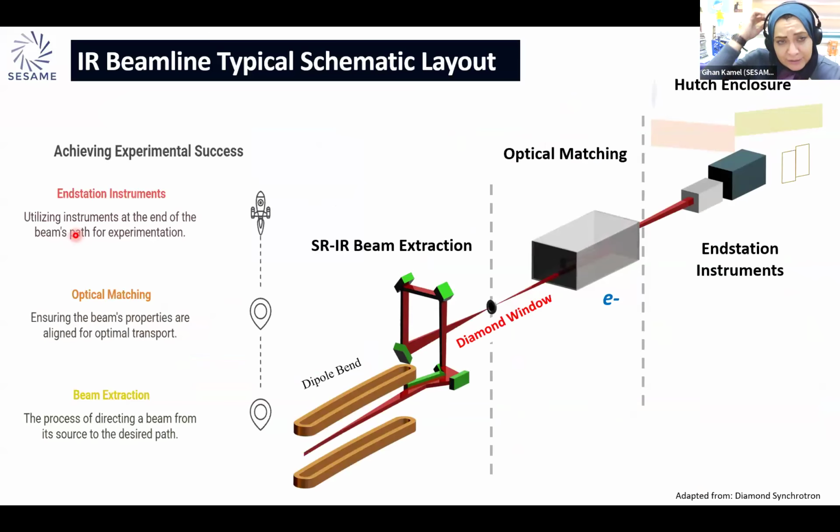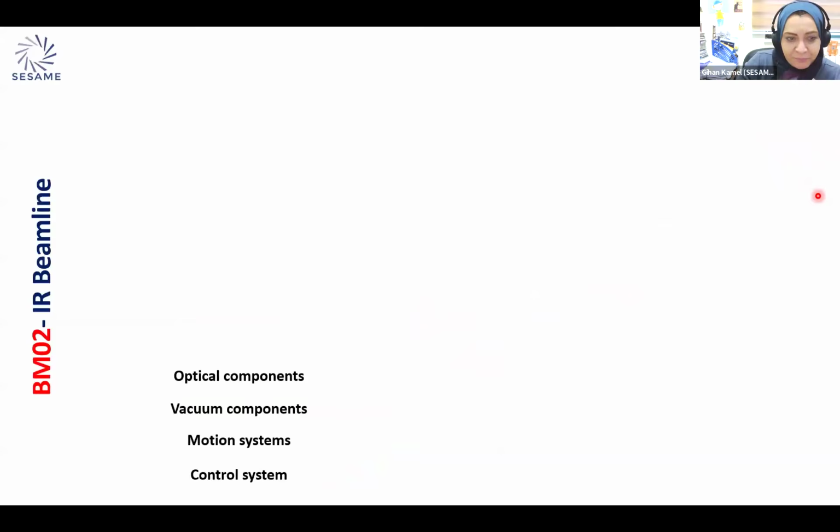Beamline, I go quickly now. The typical schematic layout of the beamline starts with the extraction of the infrared, then optical matching, and then you go to the hutch where you see the end station and where you do your experiments.